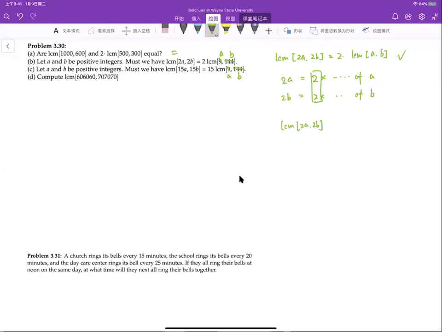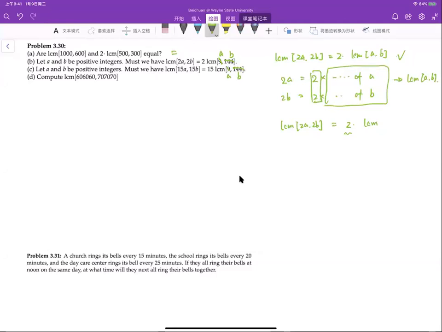Because it must contain both of the prime factorizations of 2A and 2B. So basically, that will be 2 times the rest of them. From the rest of them, you can find the least common multiple of A and B. Right. So that's why there is an additional factor 2 on the right hand side.